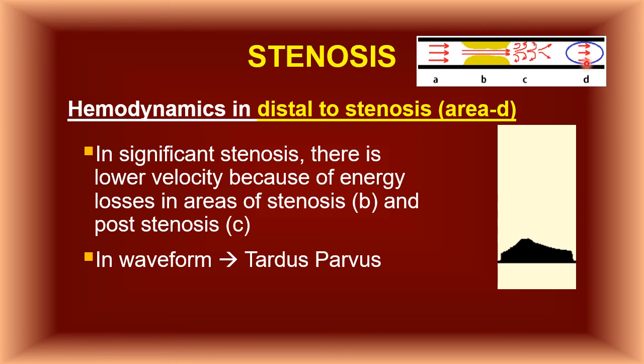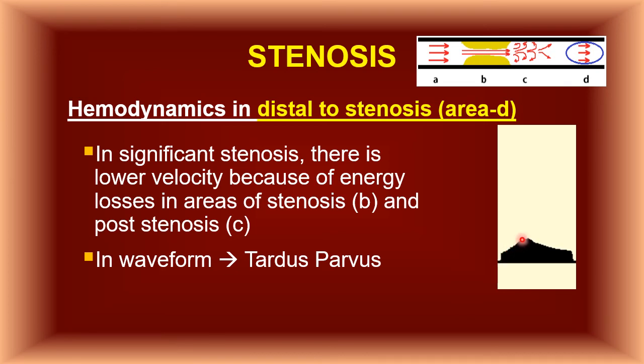So let's understand what Tardus Parvus is. Because of the lower energy, the blood is moving slowly. To reach the peak systolic velocity, it takes a long time. So the takeoff, or reaching the peak systolic velocity, takes a while, and that's why we call it retarded or delayed. So there is a delay of takeoff.